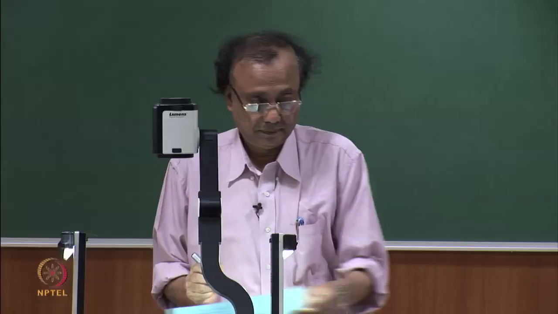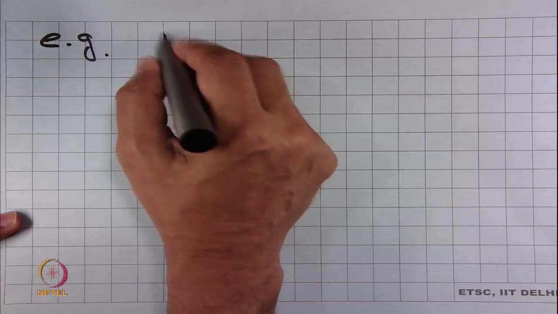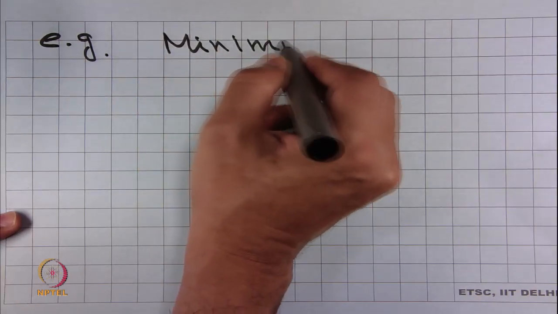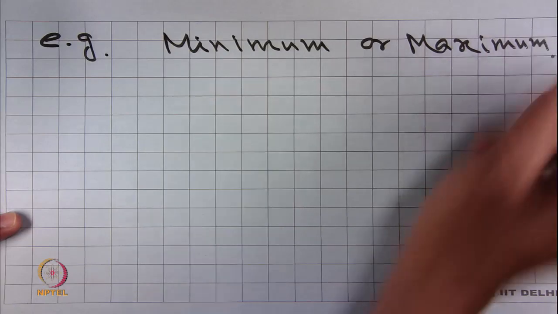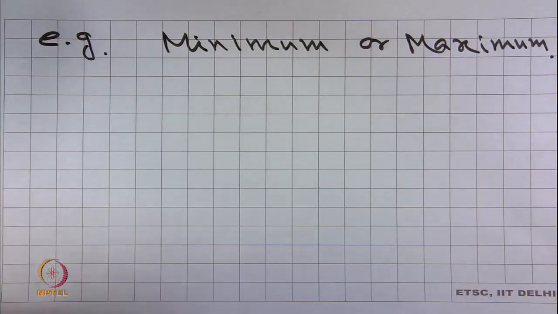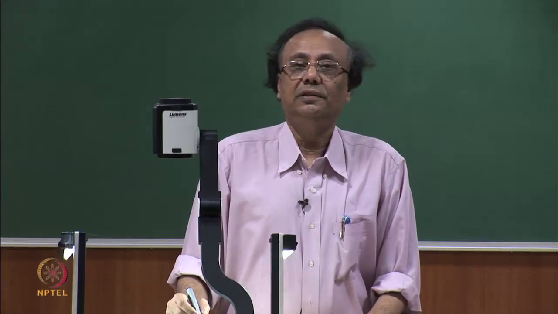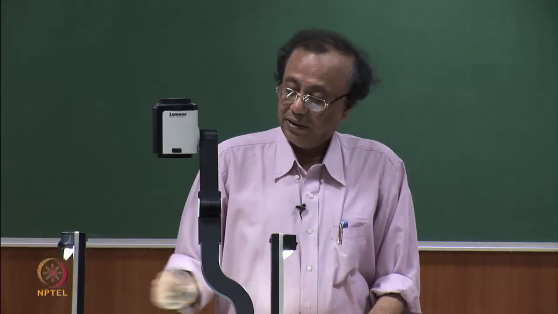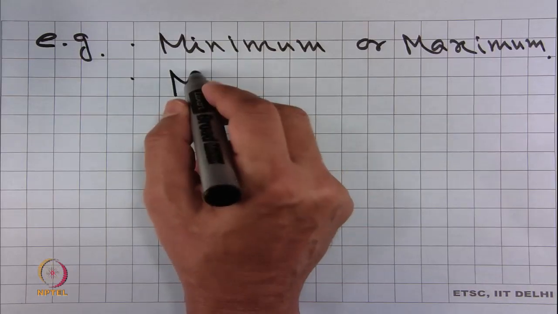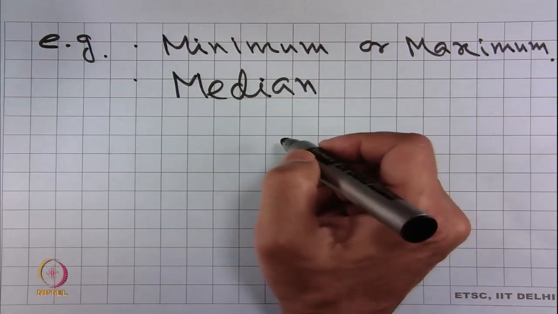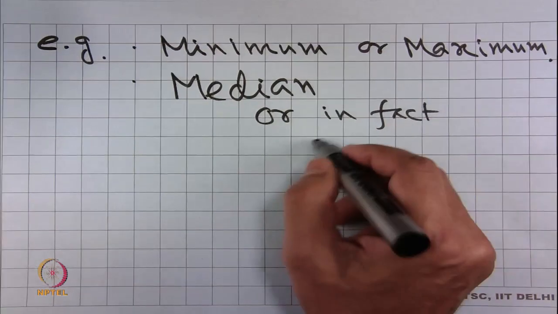For example, say minimum or maximum. If we take a sample, based on that, can we estimate the minimum value of the attribute that we are interested in the population, or the maximum value of the attribute in the population, or say median, or in fact any other quantiles.